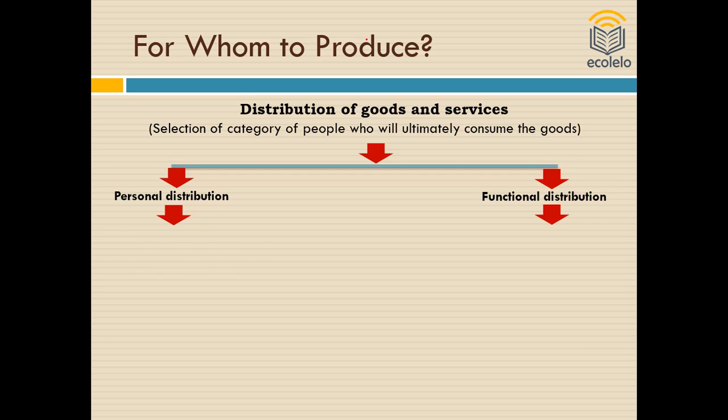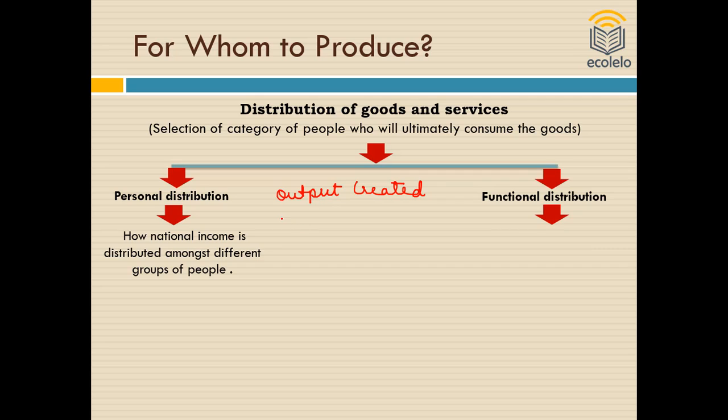Personal distribution means how national income is distributed amongst different groups of people. It basically talks about when you're producing something, with that product, you generate income. Now remember in economics, output created leads to income generation. Clear?